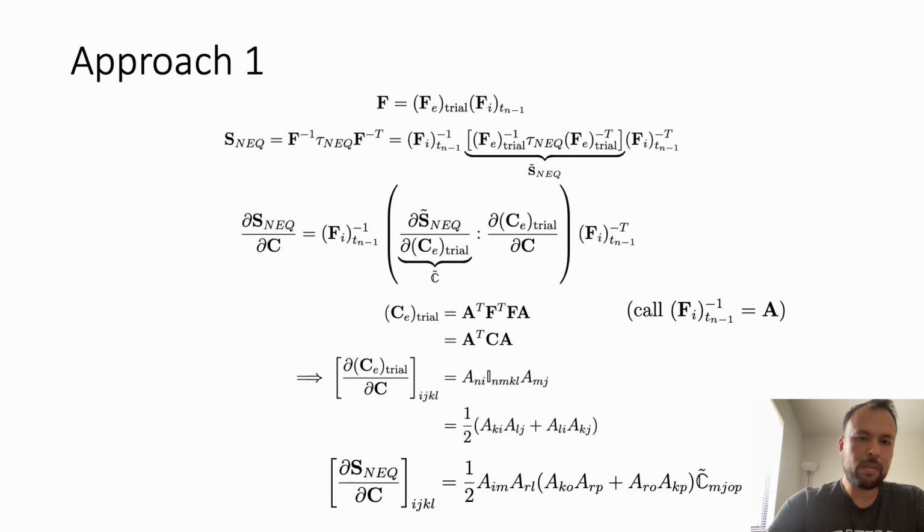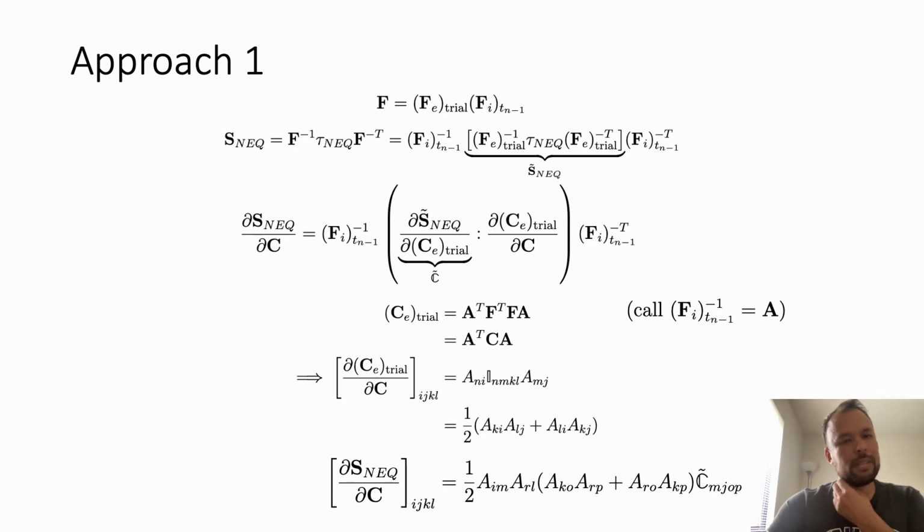In approach one, what I do is, in summary, without going into too much detail, I try to use a trick here where the deformation gradient is given in terms of the inelastic part of deformation gradient from the previous time step, which is a constant in the current time step.